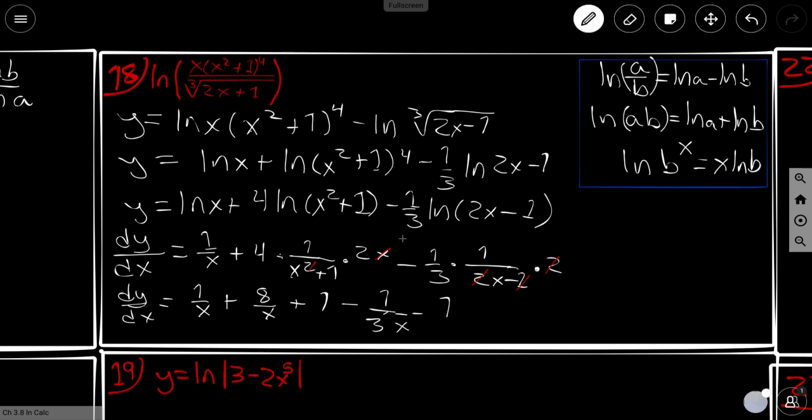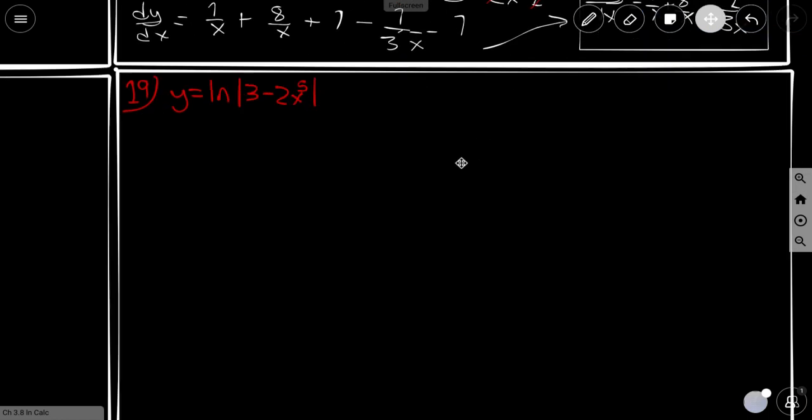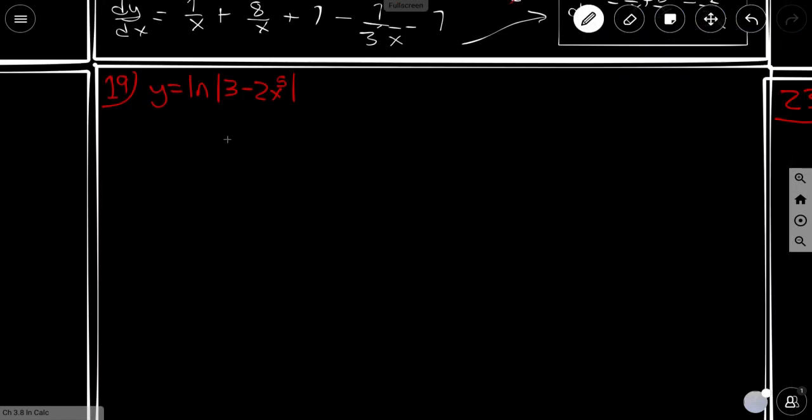And then from there we can get rid of the ones. So cool, that's our answer. Moving on.